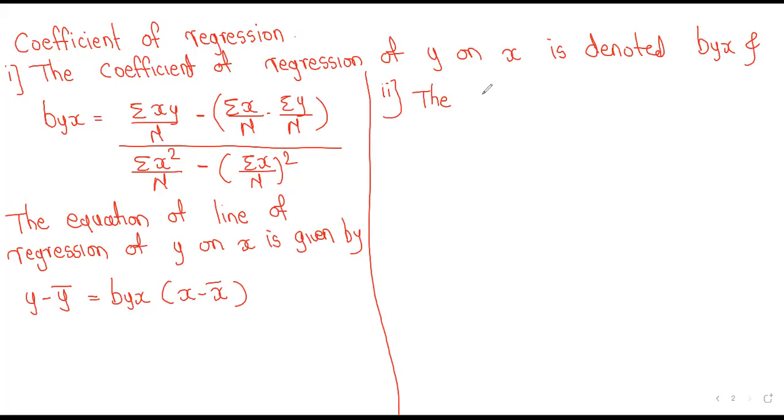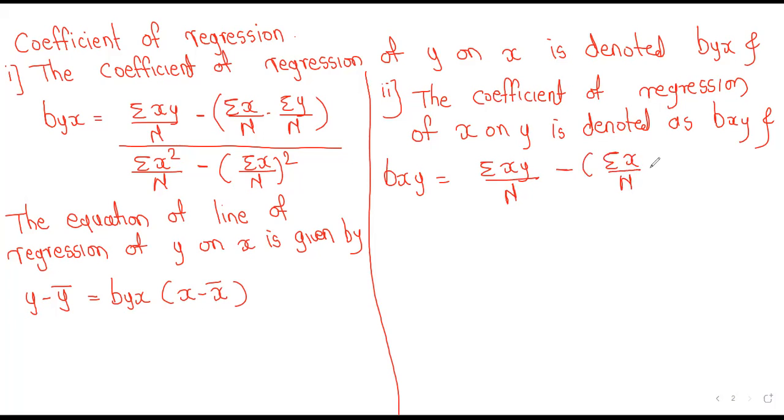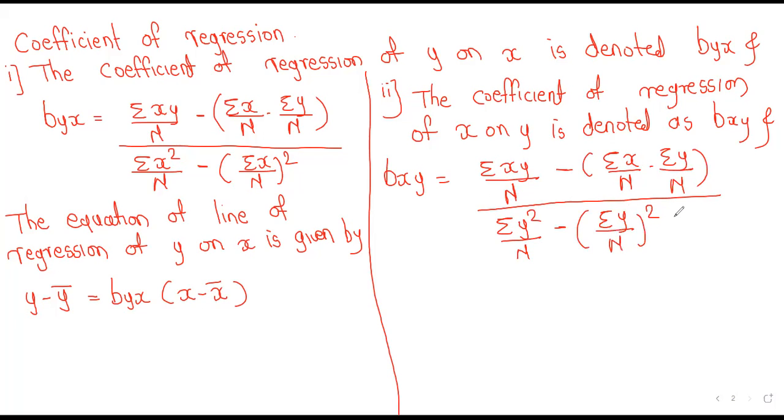The coefficient of regression of x on y is denoted by bxy and given as bxy is equal to summation of xy divided by capital N minus summation of x divided by capital N into summation of y divided by capital N, and the whole term divided by summation of y square divided by capital N minus summation of y divided by capital N bracket square.